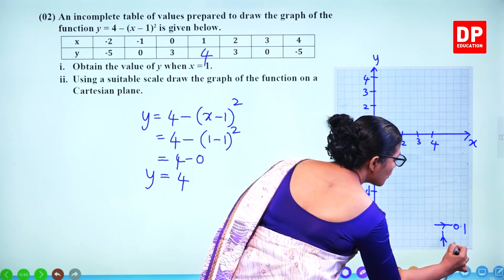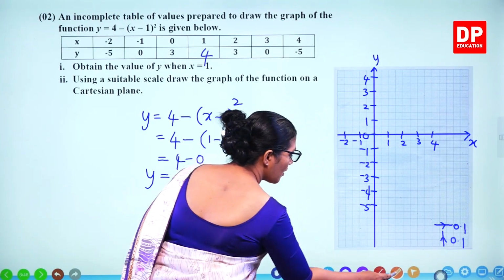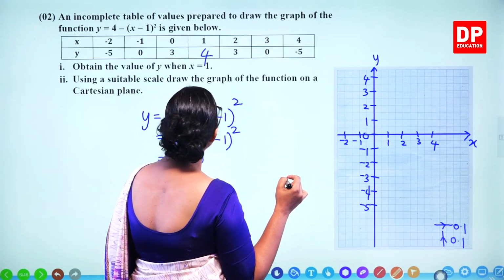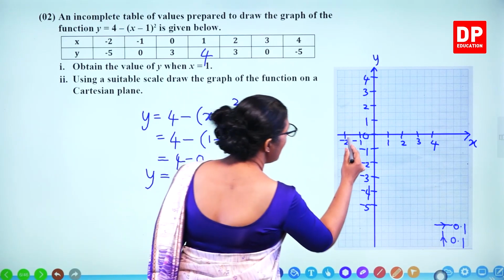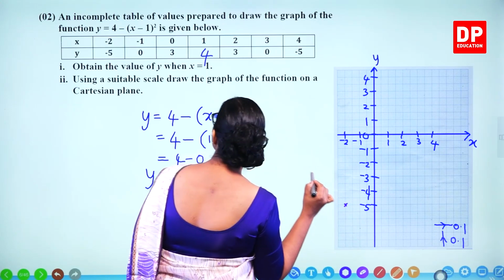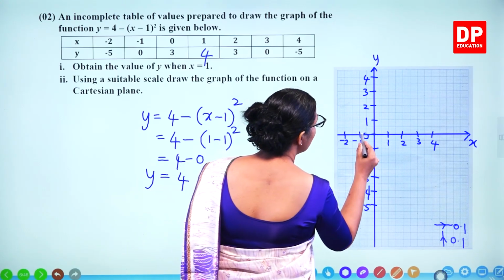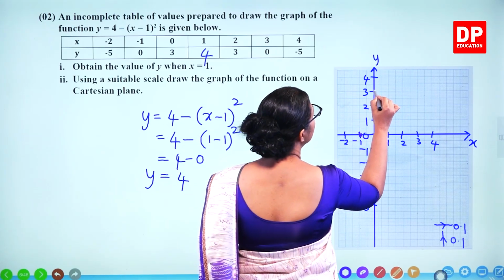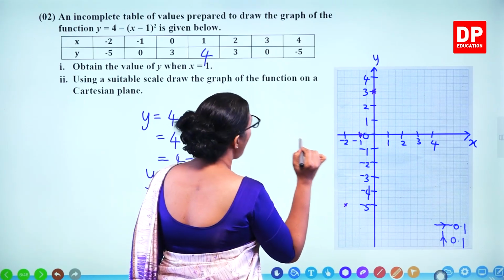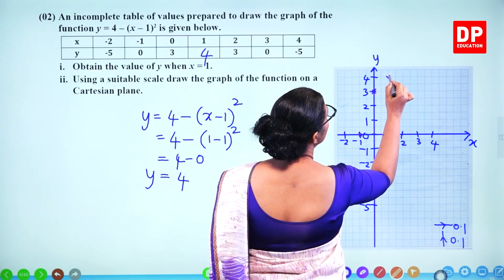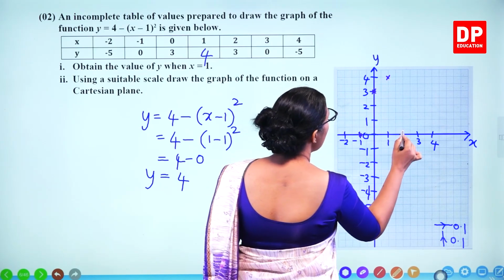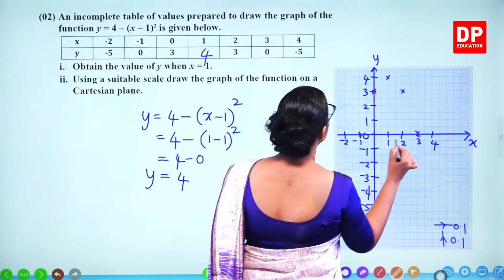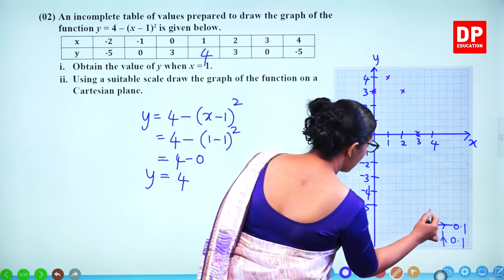So this way also 0.1. Now let's mark the points. Minus 2, minus 5. Minus 1, 0. 0, 3. 1, 4. 2, 3. 3, 0. And 4, minus 5.